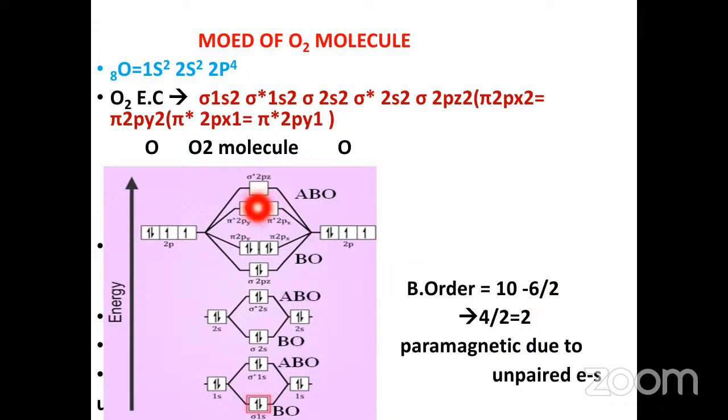That means the bond order of the O2 molecule is 2. Here the O2 molecule is combined with the two oxygen atoms through a double bond. Bond order is nothing but the number of bonds between two atoms in a molecule. Also this molecule exhibits paramagnetic nature due to unpaired electrons. Here in the molecular orbitals of the oxygen molecule, it has two unpaired electrons. That is the reason it exhibits paramagnetic nature.